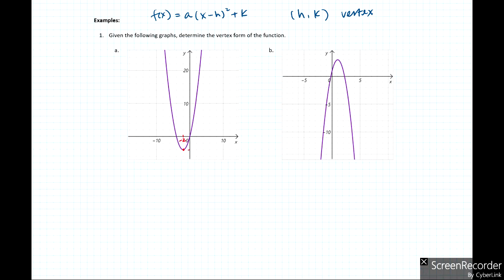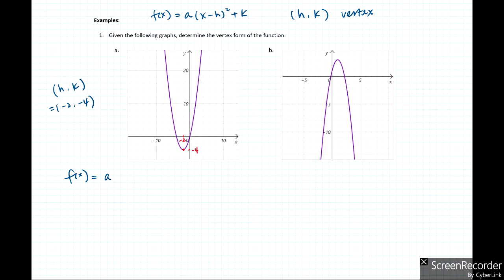Based on this, if we count the boxes, we have -2, -4 being the h and k values. So if hk is equal to -2, -4, right away I can start writing things in the vertex form.